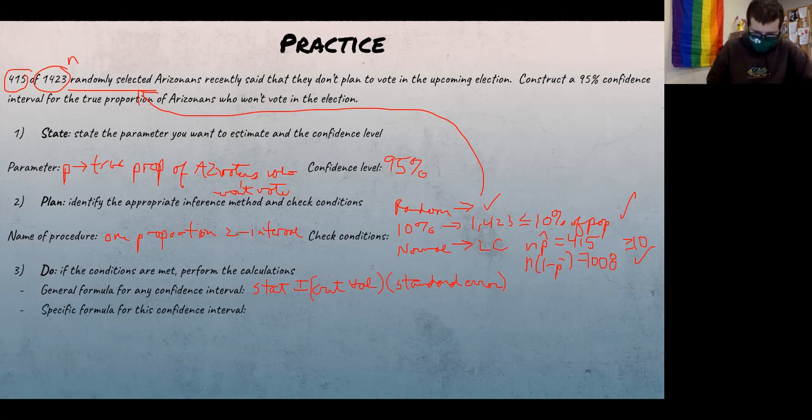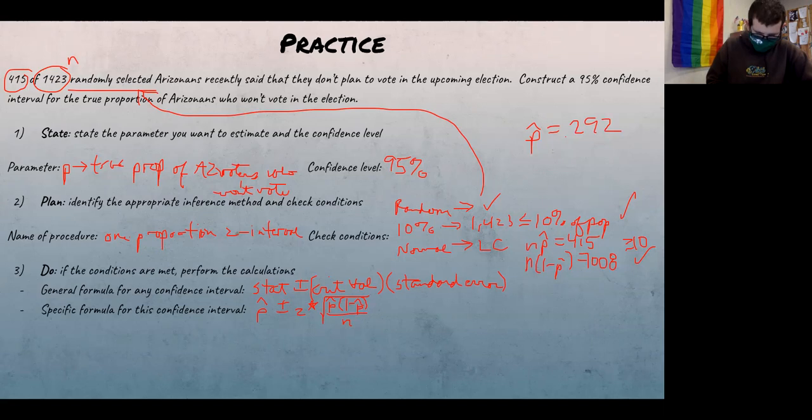In this case, my statistic is p hat plus or minus z star for my critical value times the square root of p hat times 1 minus p hat, all over n. And now I can actually plug the numbers in. I didn't ever calculate what p hat is in this case. It is 0.292, so I can write that up here, and we'll call that good enough.